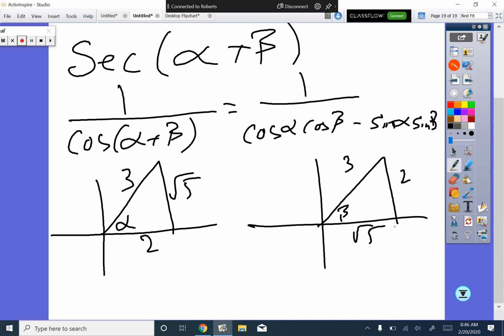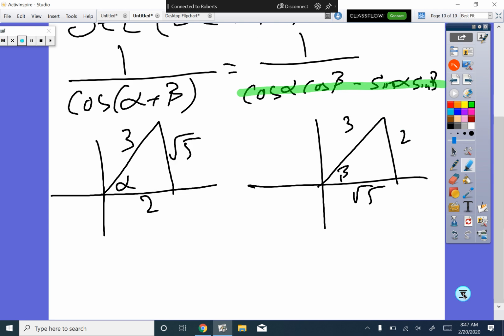Okay, so here we go. We're going to do this stuff right here. So we're at 1 over cosine of alpha. Who is our cosine of alpha? Cosine of alpha is 2/3. 2/3, very correct.